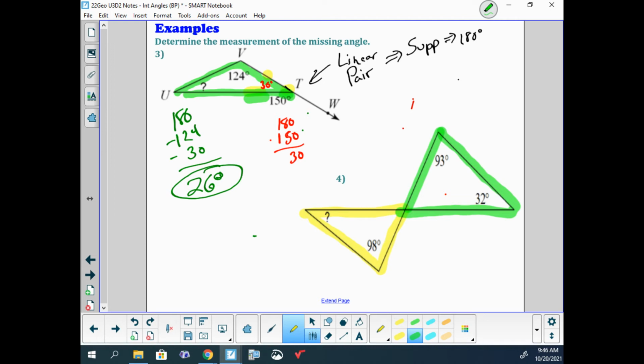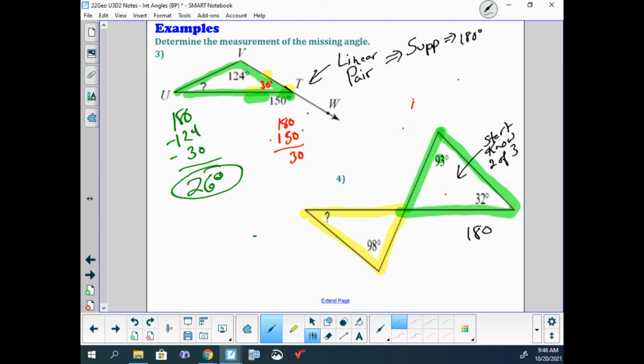So looking at the yellow, I know 98, and I know question mark. I don't know this one right here that I'm pointing at on my cursor. But in the green triangle, I know 93 and 32. That's two of the three. So we're going to start here, because you know 2 of 3.